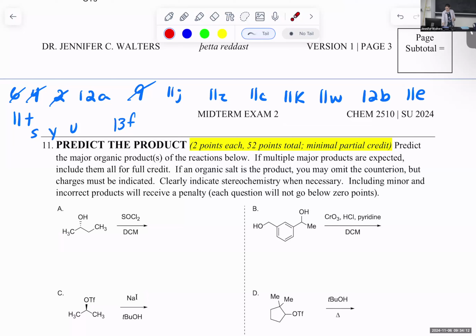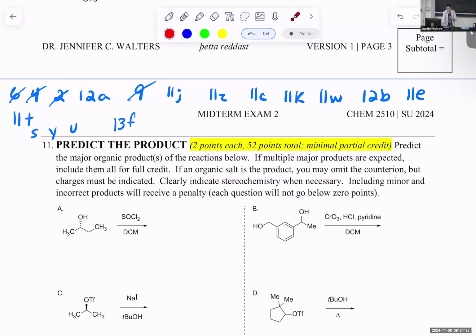It doesn't hurt to guess because you'll never go below 0. So guessing isn't a bad thing, but don't try to hedge your bets and write a whole bunch of different molecules, because you'll be penalized for each wrong or minor product. You want to put forward what you're most confident in, and that's what you want to go for.